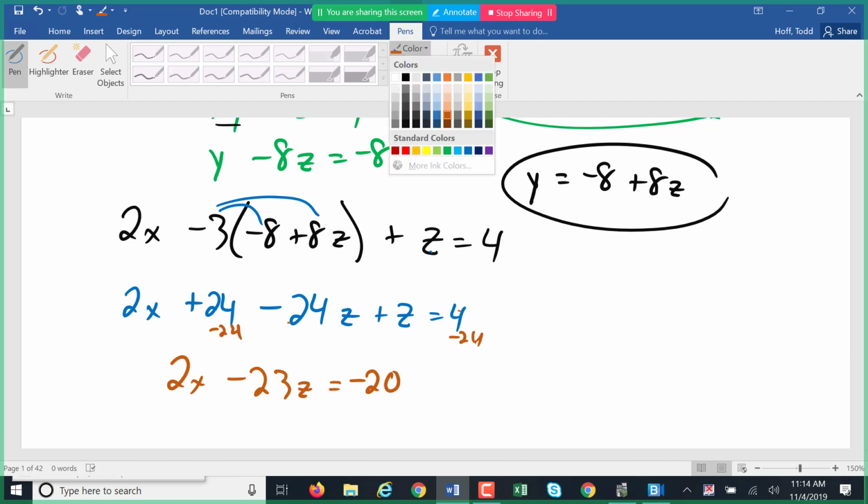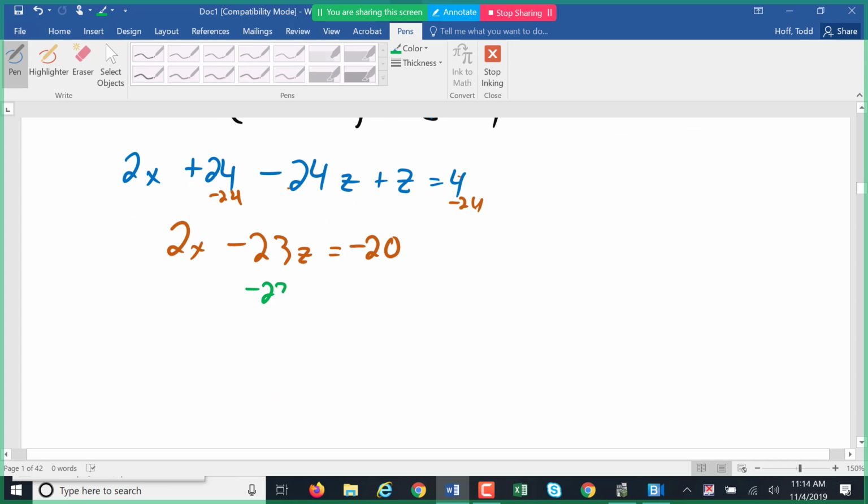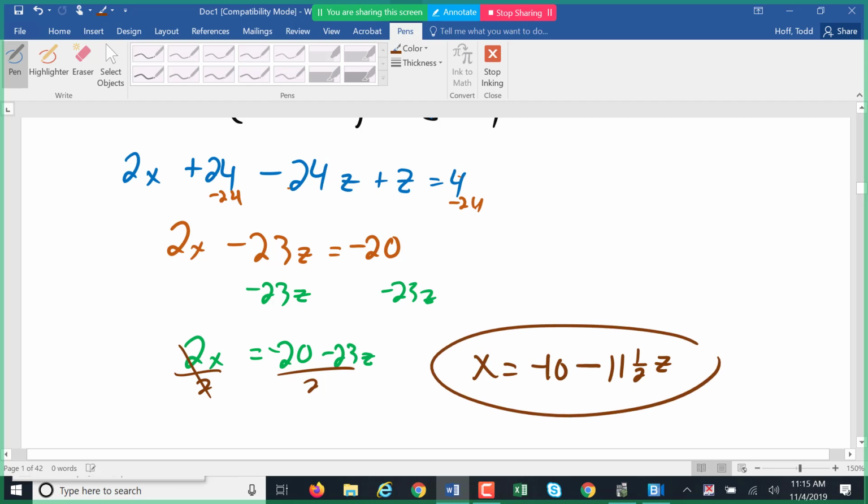So I can solve that one for x if I want to by subtracting 23z. 2x equals negative 20 minus 23z and dividing by 2. Giving me x equals negative 10 minus 11.5z. So we've got x equals negative 10 minus 11.5z.